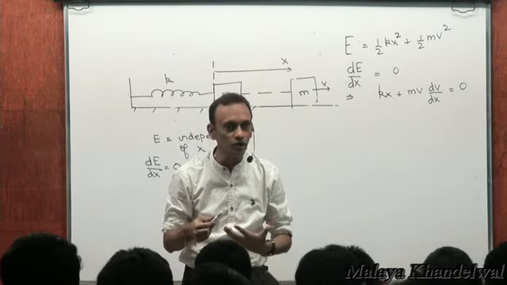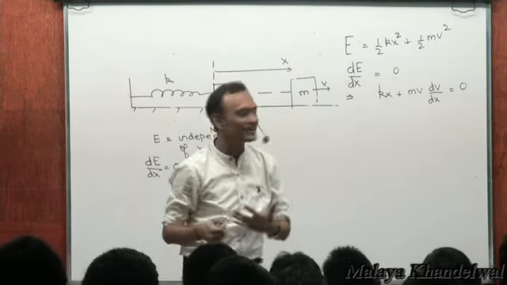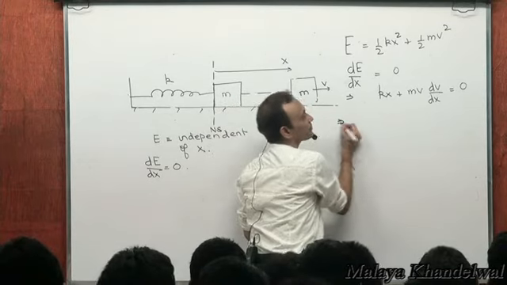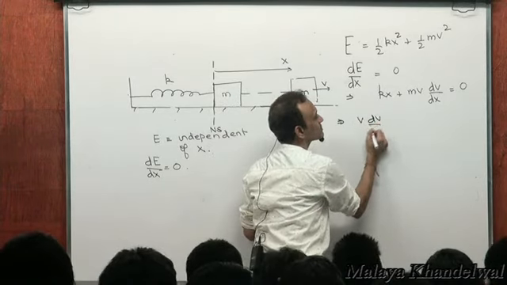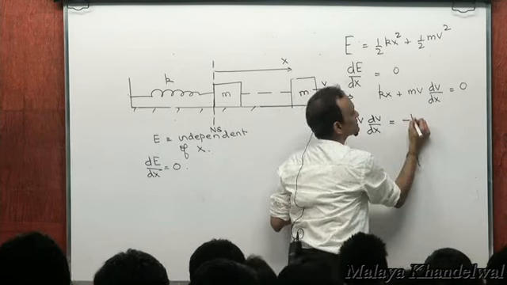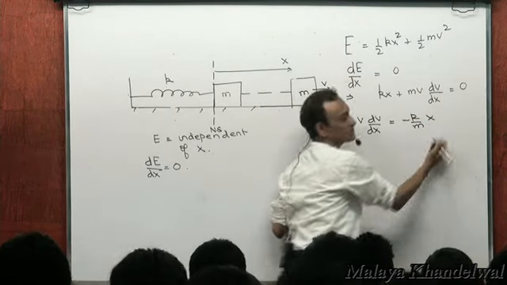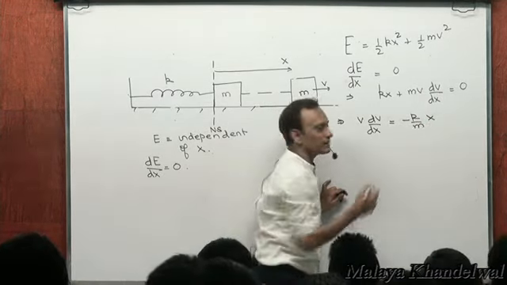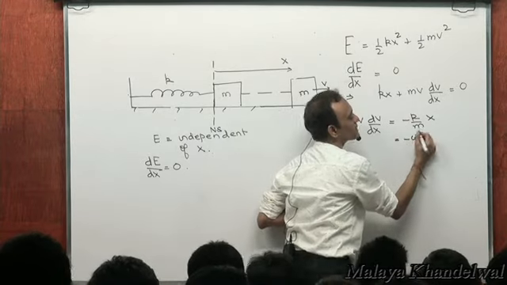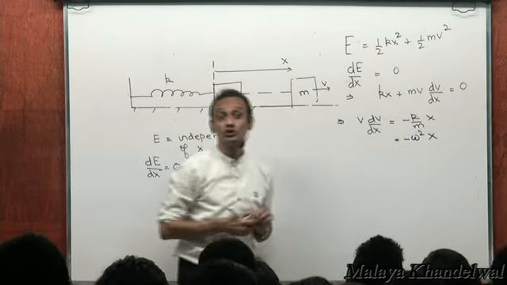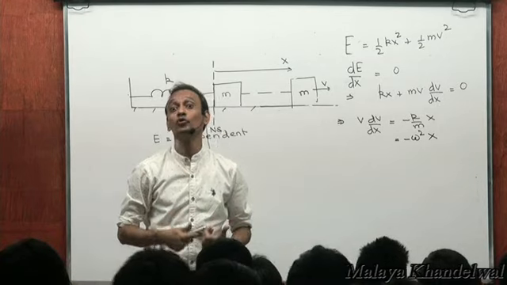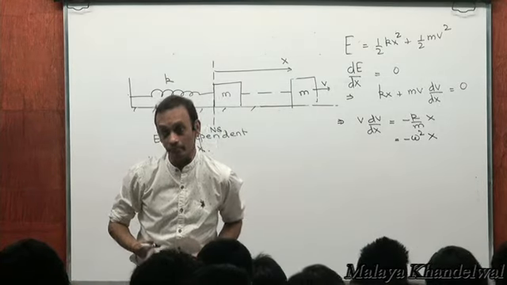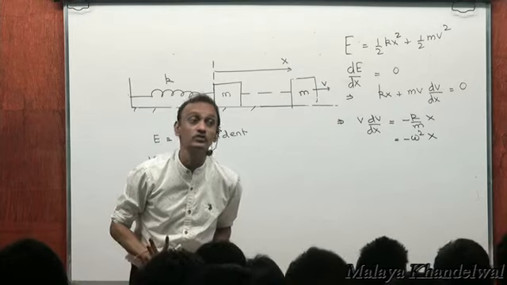I'm assuming you've not forgotten your differentiation, right? So that gives me v dv dx as minus k by m into x, where k by m could be looked upon as omega squared. Therefore, the motion is simple harmonic with omega being root k by m. Yes or no?